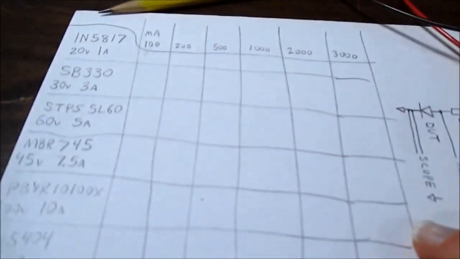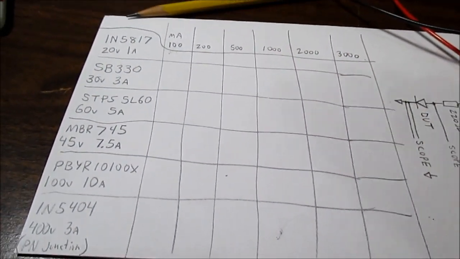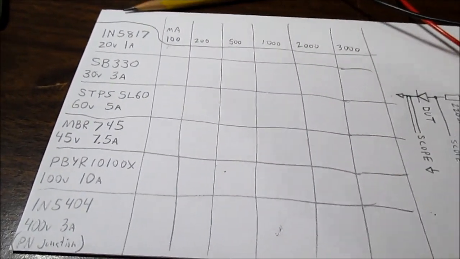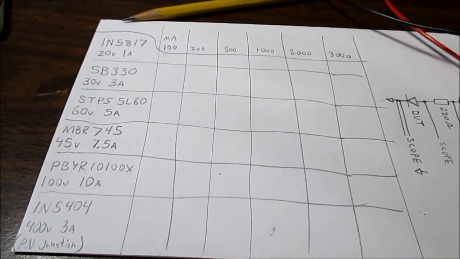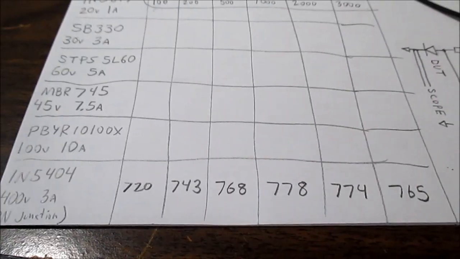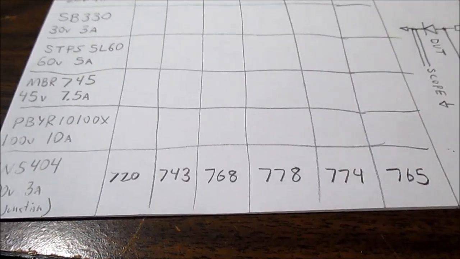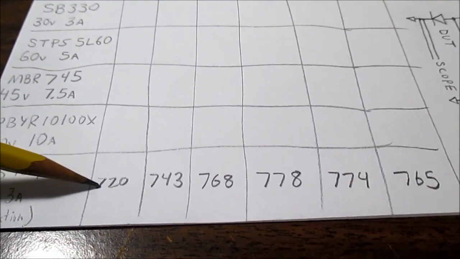I'll go through several different current levels, and I'll test all of these diodes. I'm not going to sit here and do it all on camera, but I'll log the data and come back with the results.